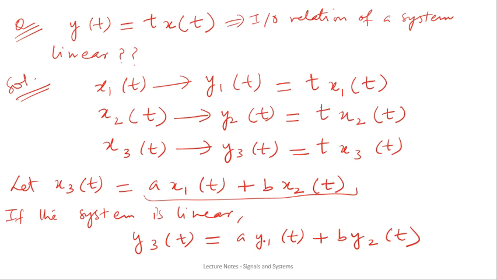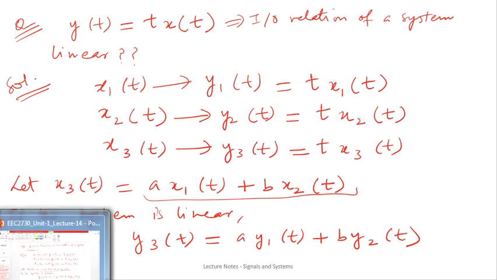Now you just have to check whether this condition is followed or not, whether both sides of this equation are equal or not. So you start with the left hand side of this equation and try calculating y3(t).